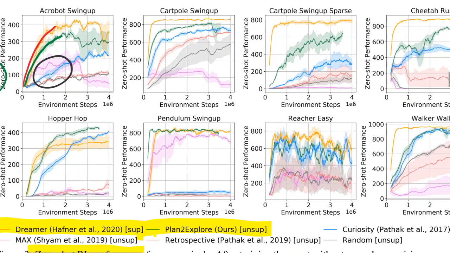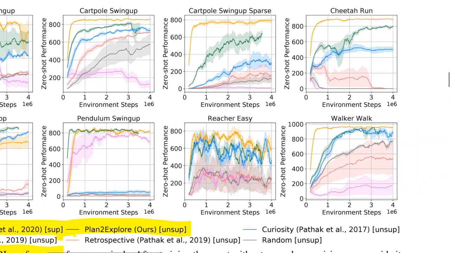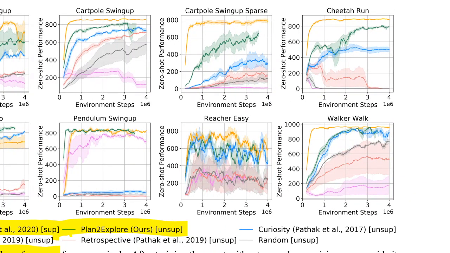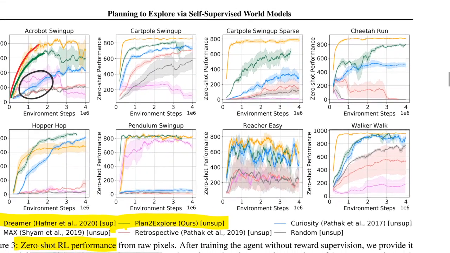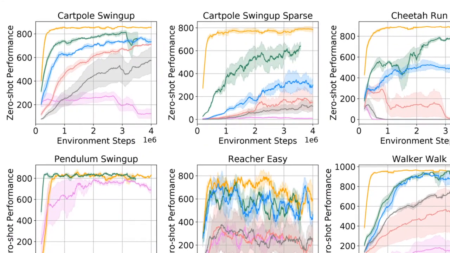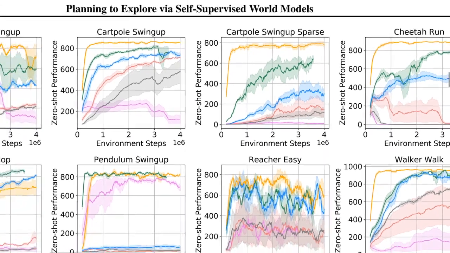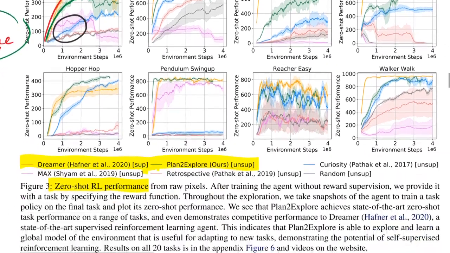You can see in pretty much every graphic that Dreamer is the one that's able to cheat, right? So it is performing pretty well, but then the zero-shot generalized plan to explore is sometimes on par and certainly outperforms the other intrinsic reward methods.